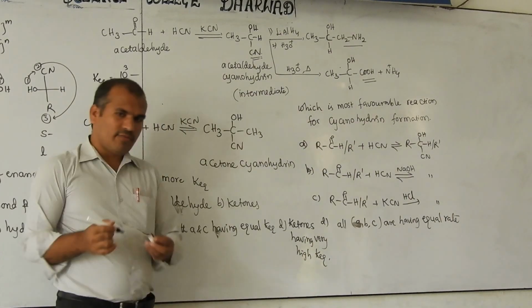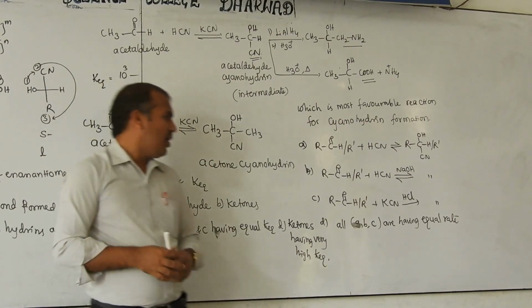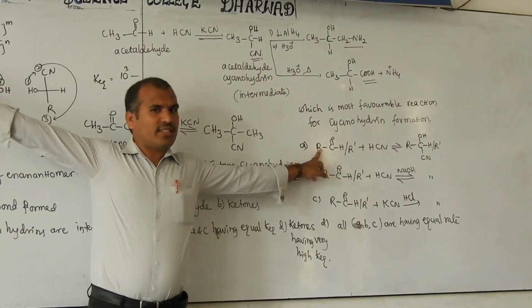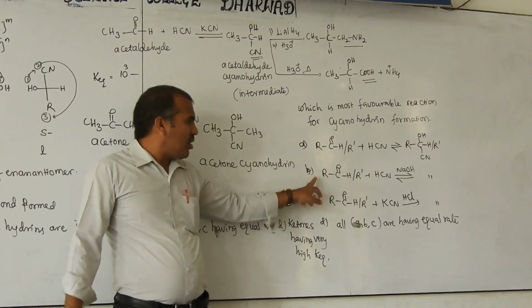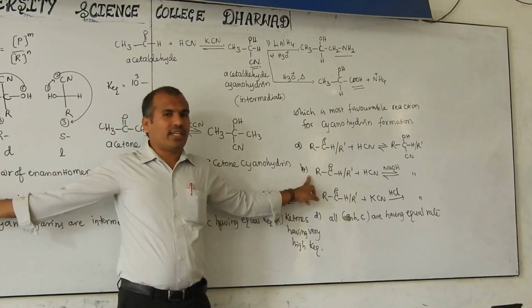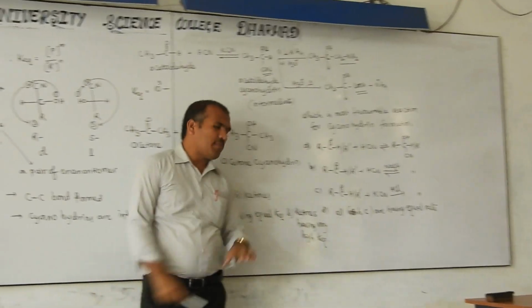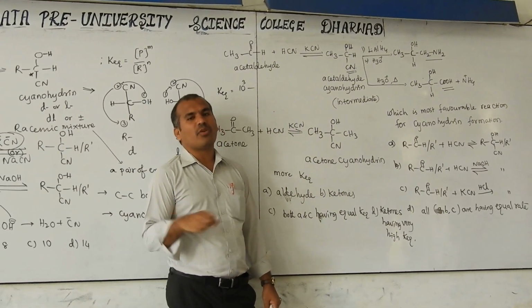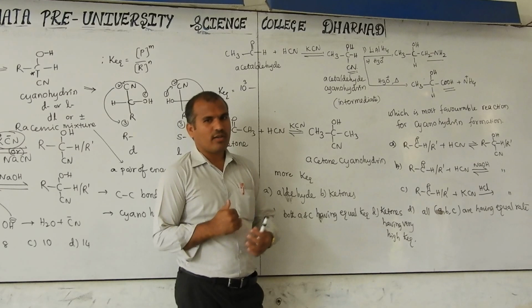Then which option is correct? We have to judge here. The first option, pure HCN, and the second option, with the basic medium, were already discussed. The third option was not discussed here, but I discussed it at the start of the chemical properties.